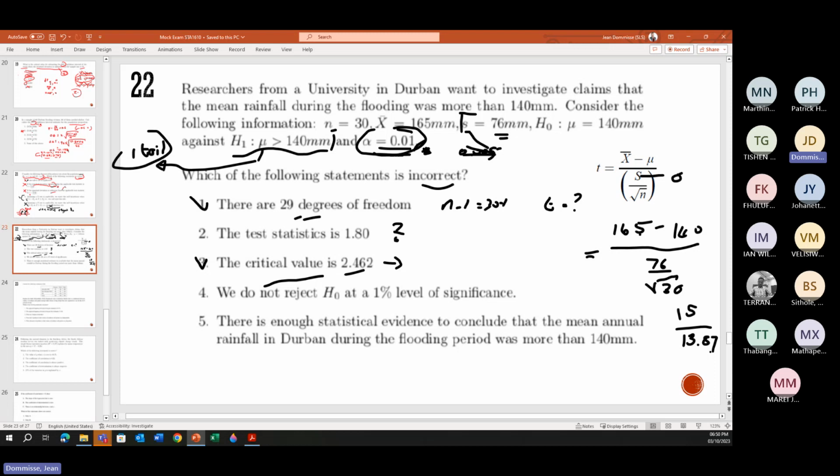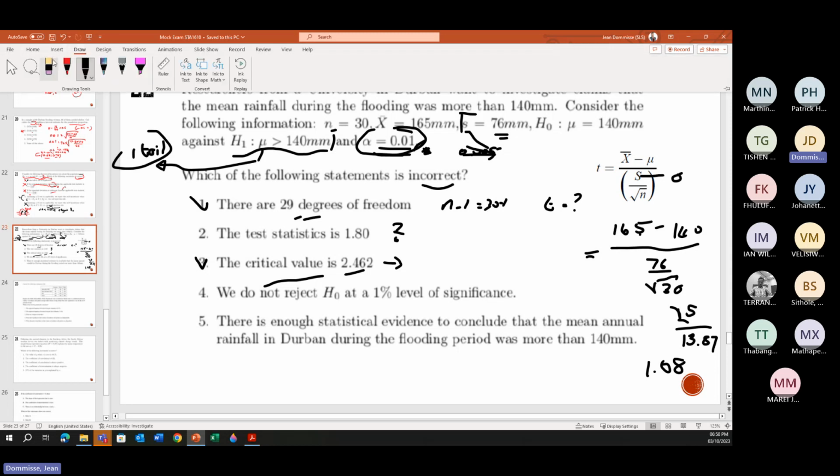So I will just check it again, but if I then say 15 divided by that, I get 1.08. Just check. Let me check again. Ah, that's 25. Silly mistakes. So 25 divided by 13.87 is 1.80.